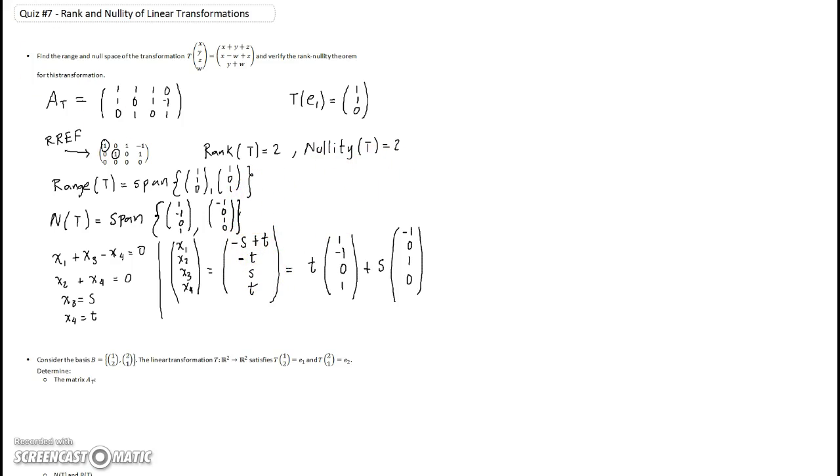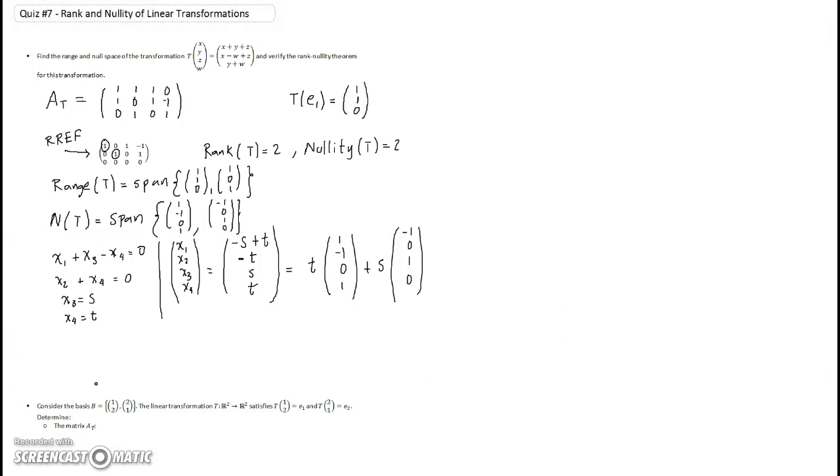The last thing we're asked to do is to write down or verify the rank nullity theorem for this particular transformation. Well, the dimension of the domain, which is the number of columns in our matrix, is going to be 4. You can also read it from here.